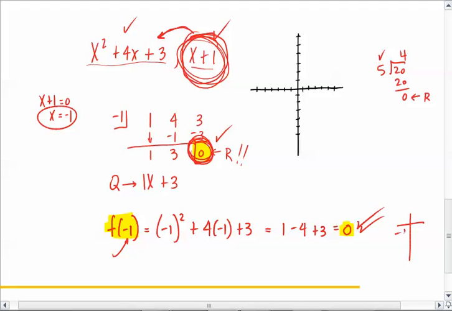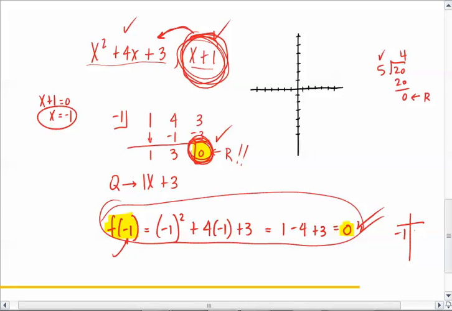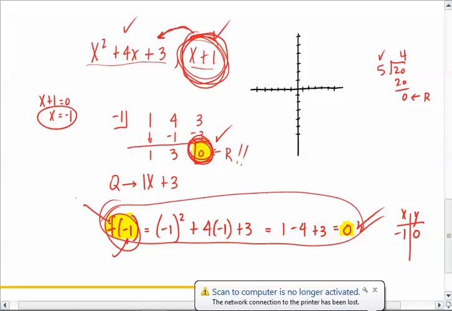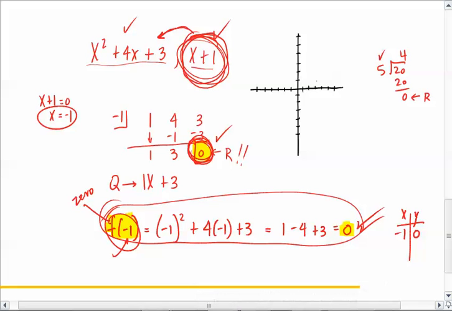If I dump in a -1, I'm going to get out a 0. Well, that means that this right here is a 0 of the function. It's an x-intercept of the polynomial.